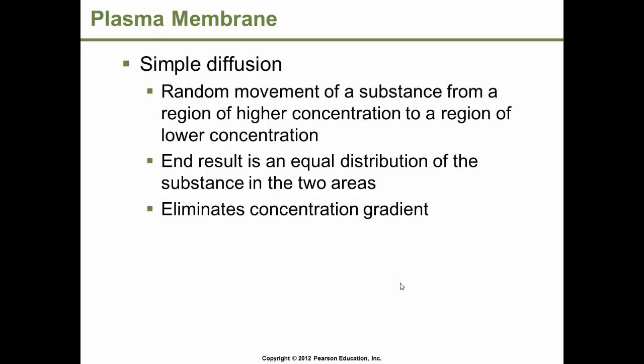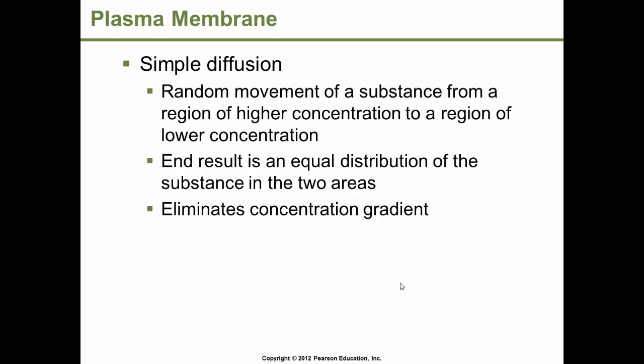Simple diffusion is just random movement of a substance from a region of higher concentration to a region of lower concentration. The end result is an equal distribution of the substances in the two areas, so it eliminates the concentration gradient.